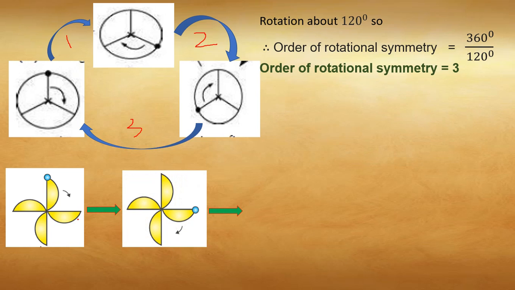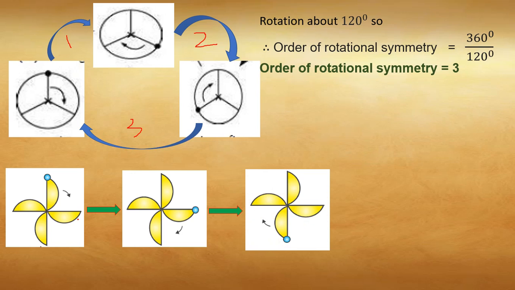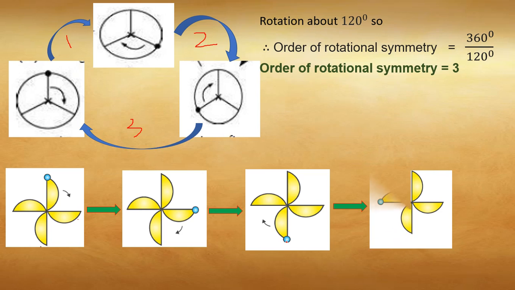Again when it turns by 90 degrees, the symbol goes downside, and by the next turn of 90 degrees, it goes like this, and lastly when it turns 90 degrees, it goes to its previous position.